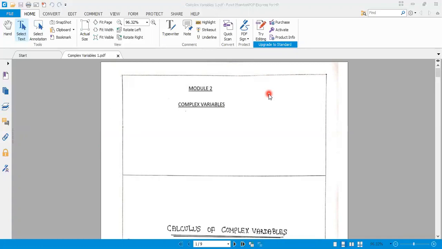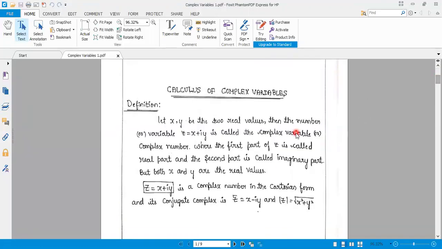So first we begin with complex variables. First, let us see the definition of a complex number. You can read it as x plus iy, where x is called the real part and y is called the imaginary part of a complex number z, which can be denoted by z equals x plus iy.